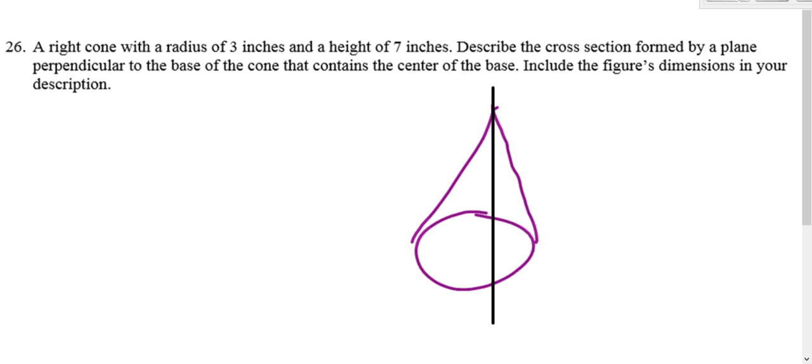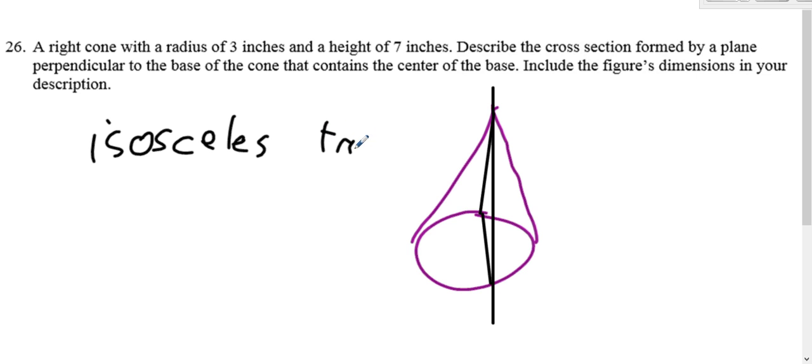So when you slice a cone from the top straight down, you end up getting a triangle. In fact, you get an isosceles triangle because both sides of the cone are the same. The base of that triangle is the diameter.